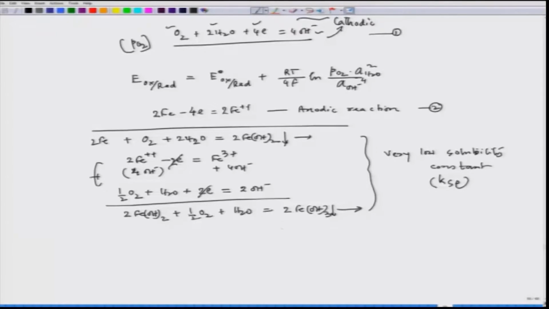So, if we consider the Ksp for this reaction, it is equal to the activity of Fe2+ times activity of OH minus squared, divided by the activity of Fe(OH)2, because we are considering Fe(OH)2 going to Fe2+ plus 2 OH minus.